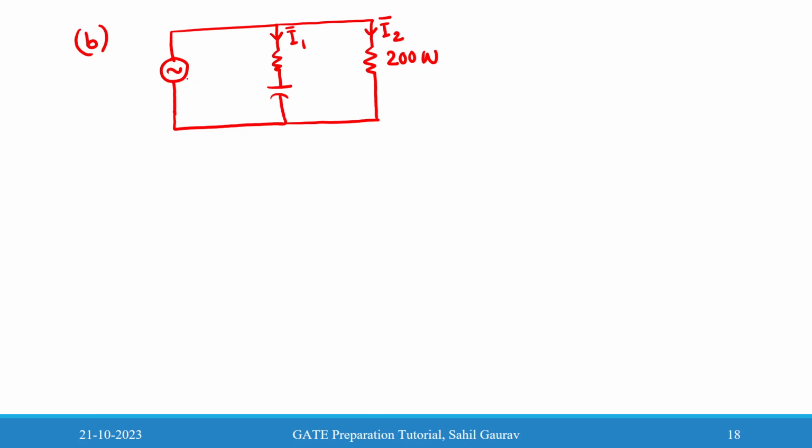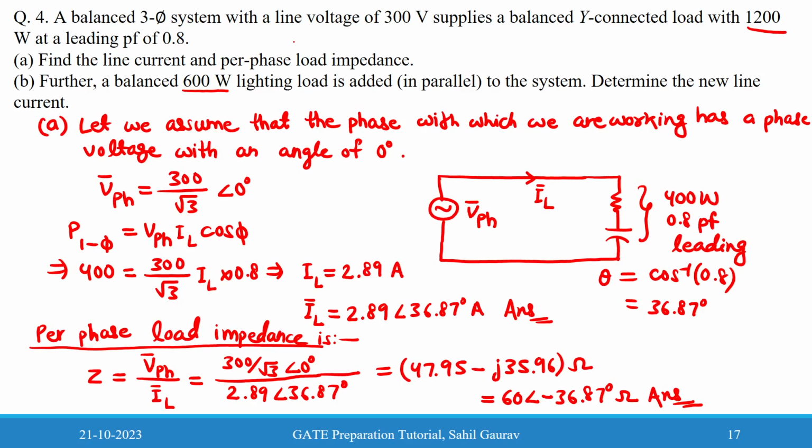Can anyone tell? Deepak? Yes, sir, this I1 current will change. We calculated the I1 current here as 2.89 at the angle of 36.86 ampere.